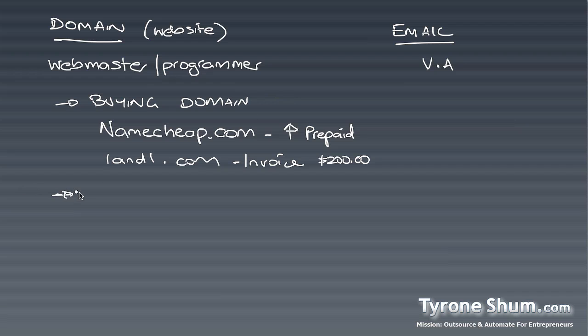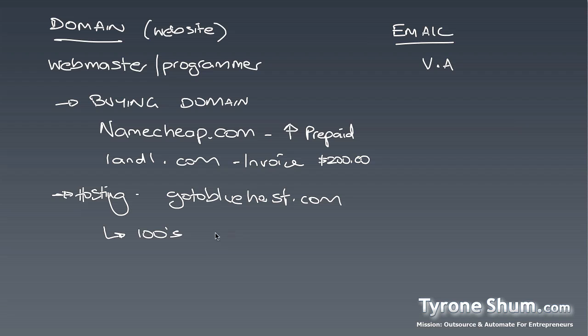Now, in terms of hosting, as I've said to you, what I would recommend is go to bluehost.com. With Bluehost, you can host hundreds, I'm not kidding, hundreds of websites on one server.